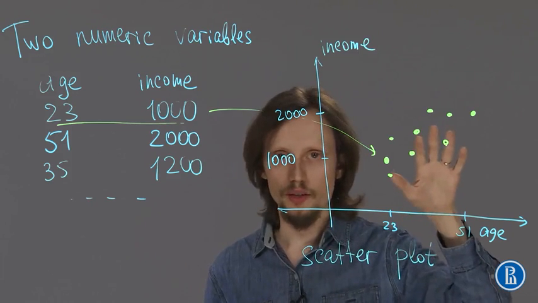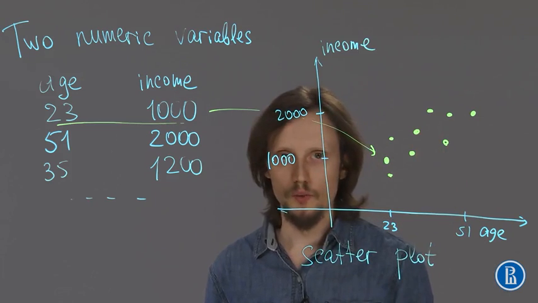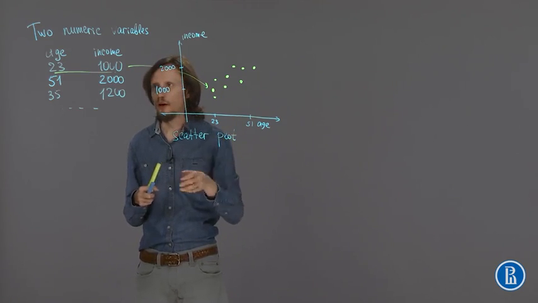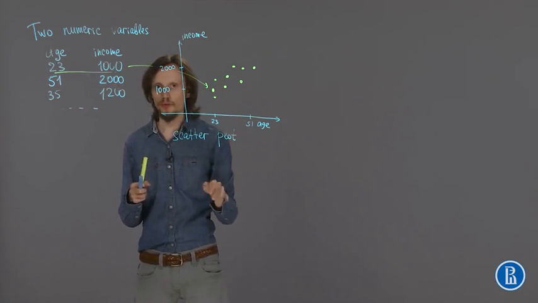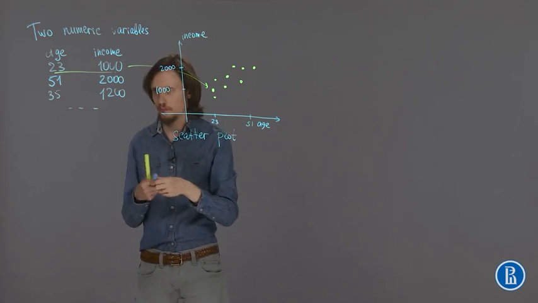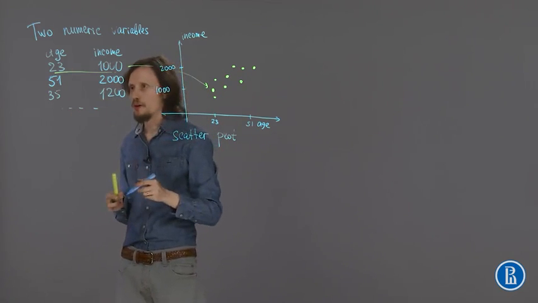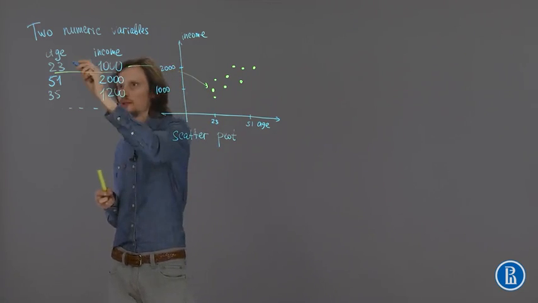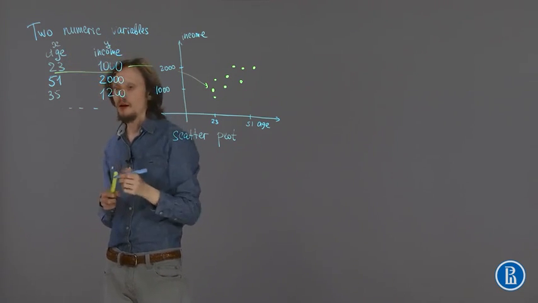Also, this scatter plot is related to probability density functions that we discussed in the probability course. Assume, as we discussed before, that our data is a sample from some system of random variables. I will denote my variables now by x and y, just to shorten the notation. So age will be x and income will be y.